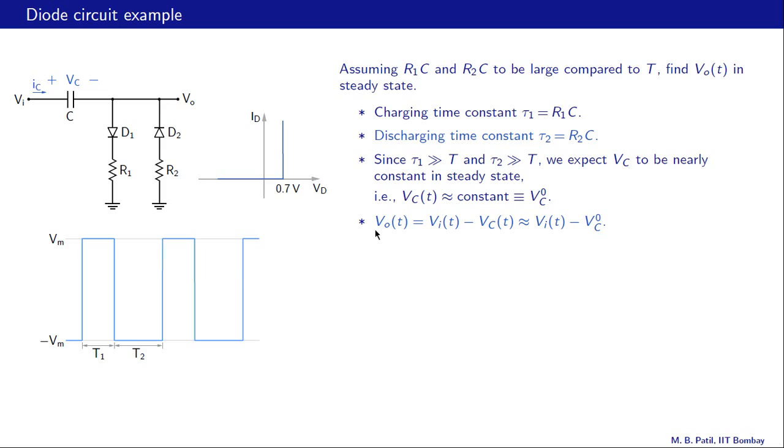So therefore our steady state output voltage is simply the input voltage minus this constant Vc with a superscript 0, the steady state value of the capacitor voltage. So let's look at an example and verify that these actually happen, and then we will derive an expression for VO of t in steady state.